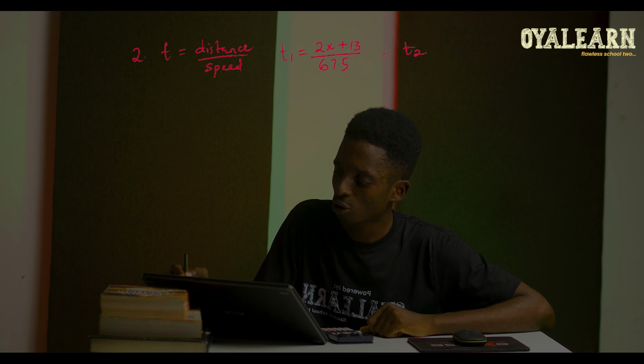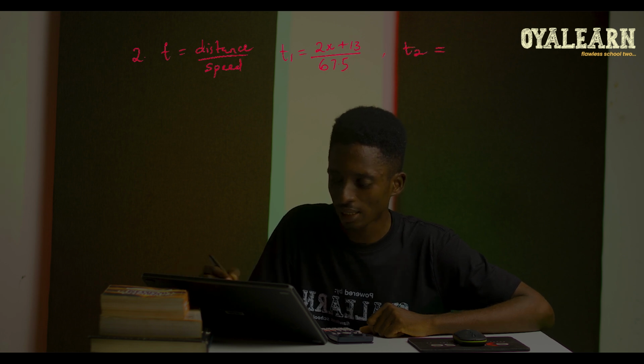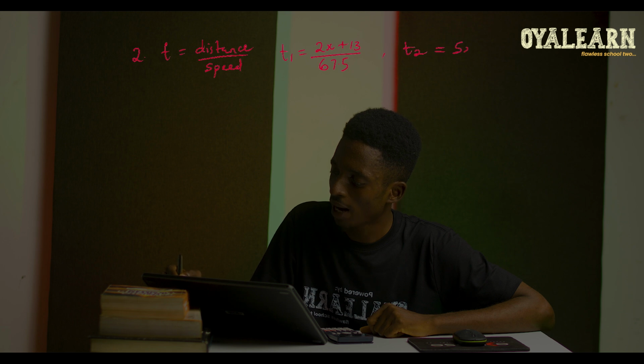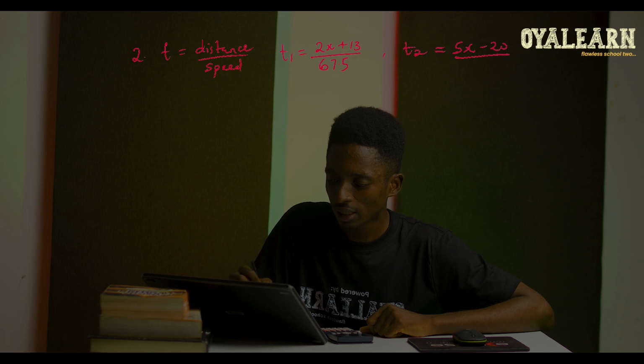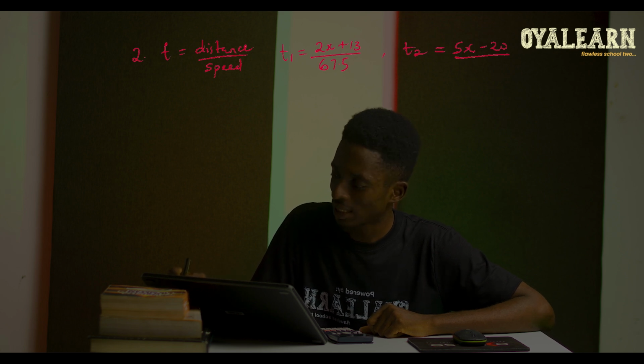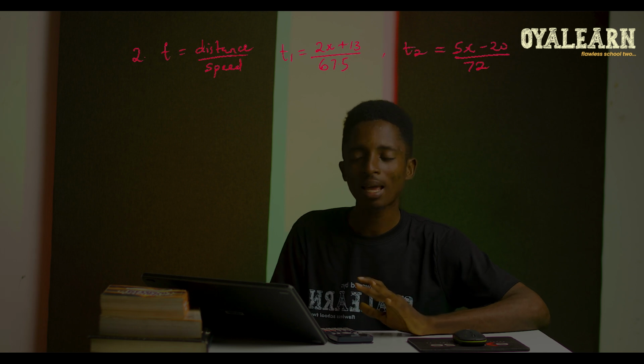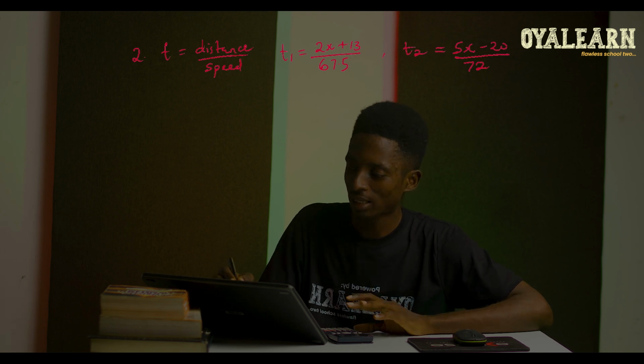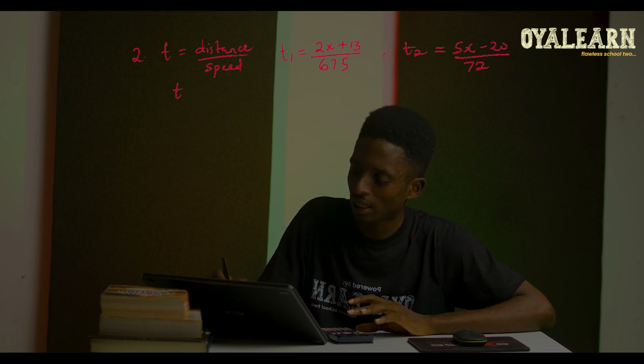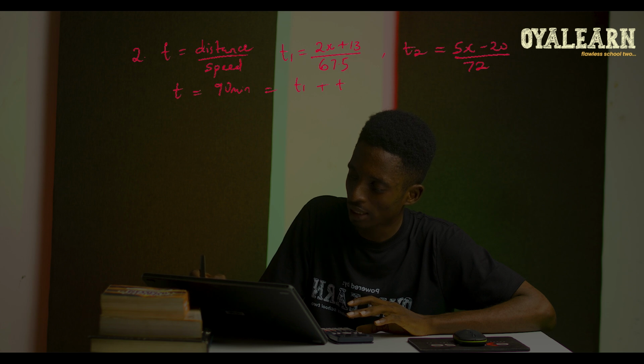And then T2 is given as 5x minus 20, and the speed for that distance is 72 kilometers per hour. Now the total time given is 90 minutes. That is, T equals 90 minutes, which is actually our T1 plus T2.